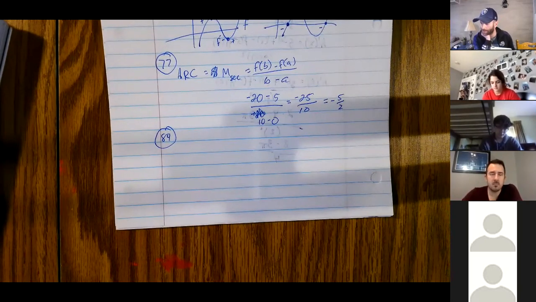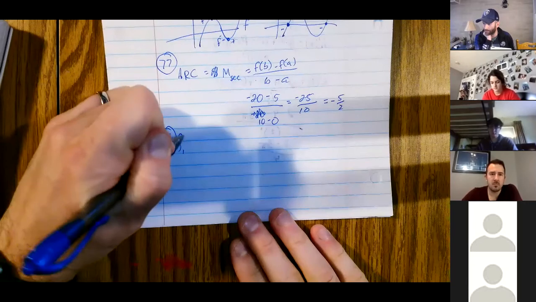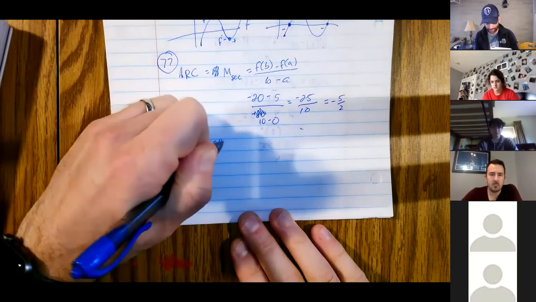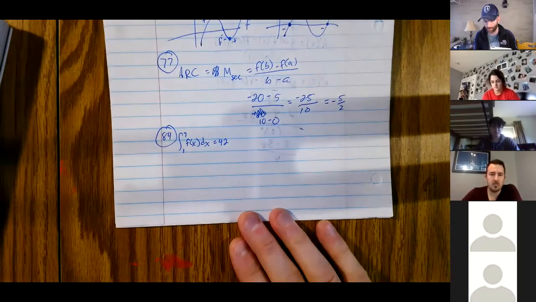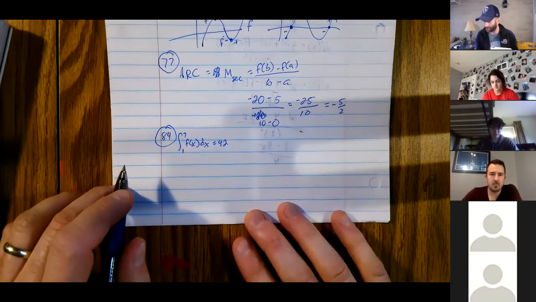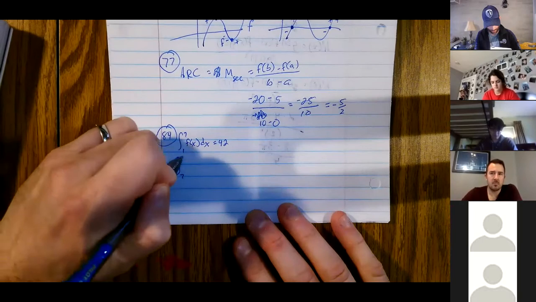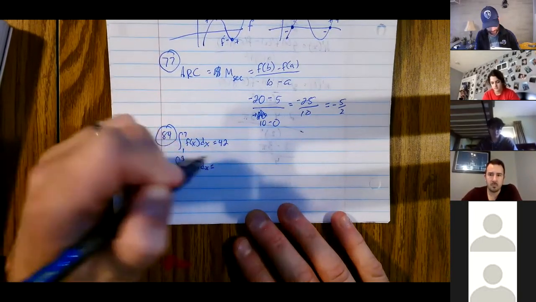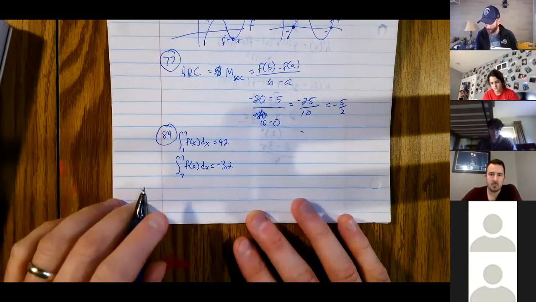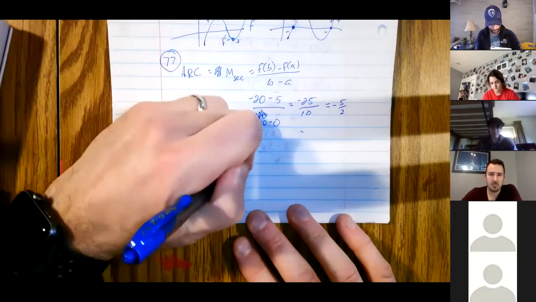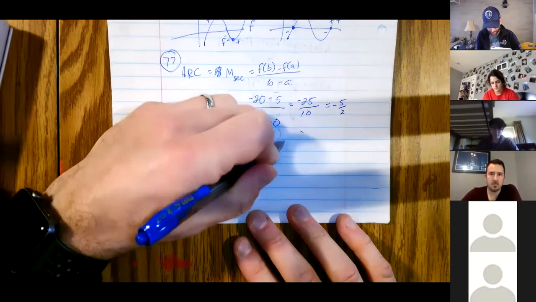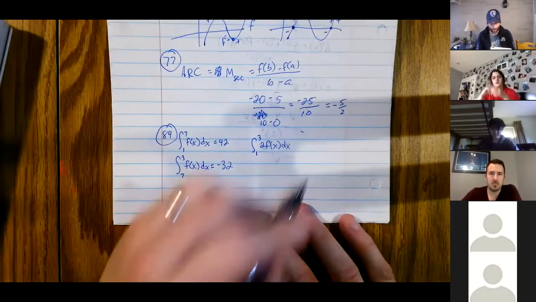If the integral from 1 to 7 of f of x dx is 42, and the integral from 7 to 3 of f of x dx is negative 32, what is the integral from 1 to 3 of 2f of x dx? All right.